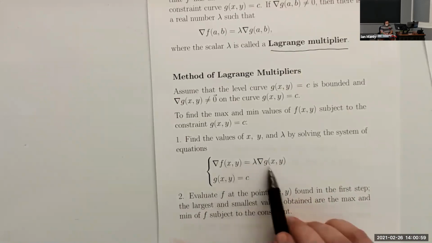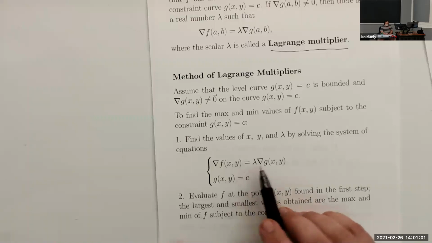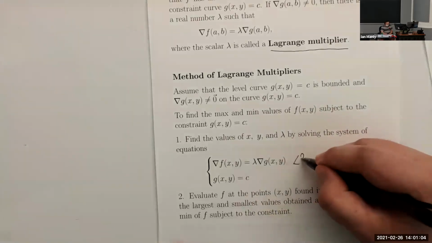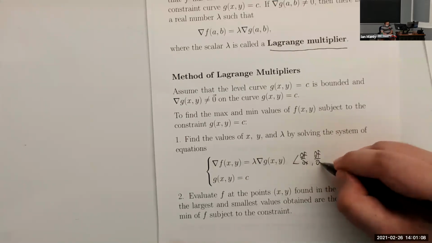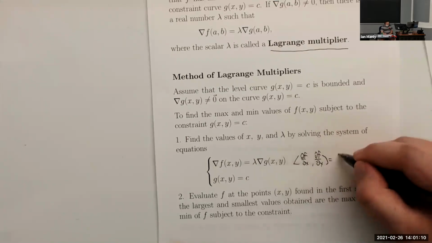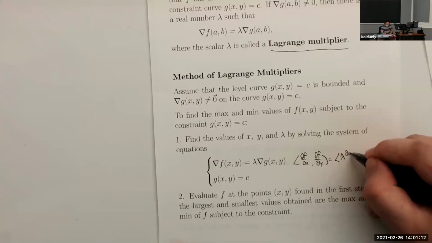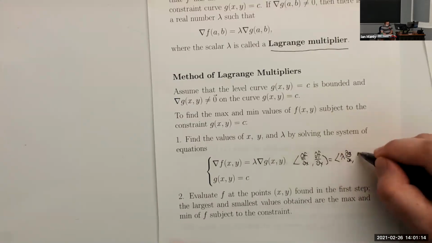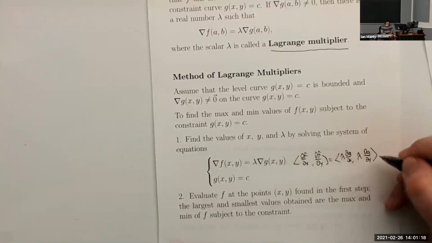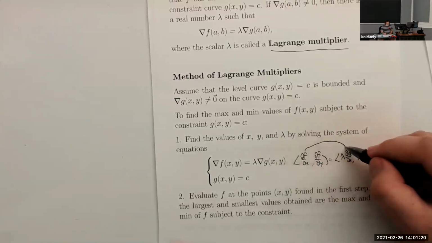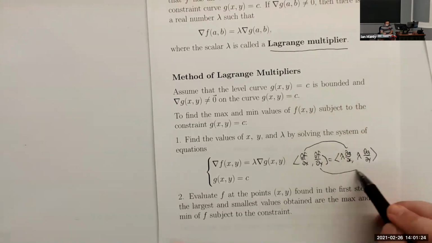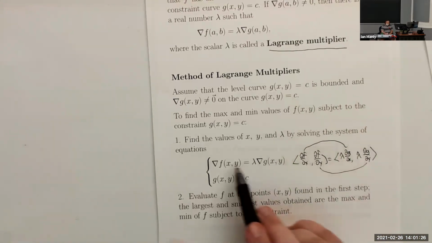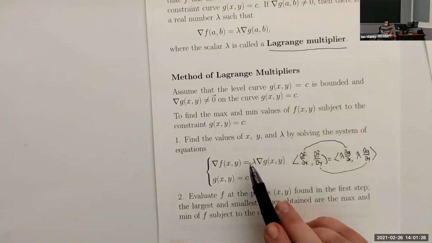Now remember, this is actually two equations in one, because we're going to have partial f partial x, partial f partial y, equaling lambda times the g partials. So we technically get this equation, partial f partial x is lambda times partial g partial x, and we get this equation right here. So there's really two equations in one right here.